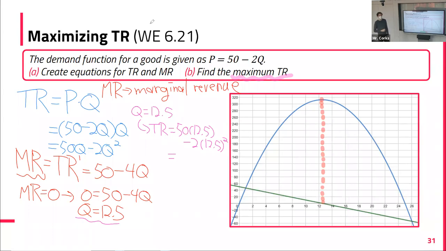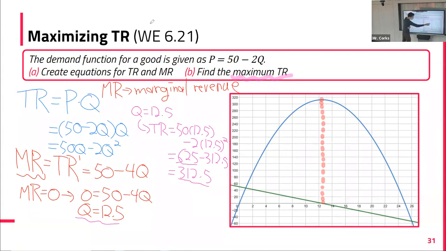And the solution to that is 312.5. You might notice that this number is exactly double this one.